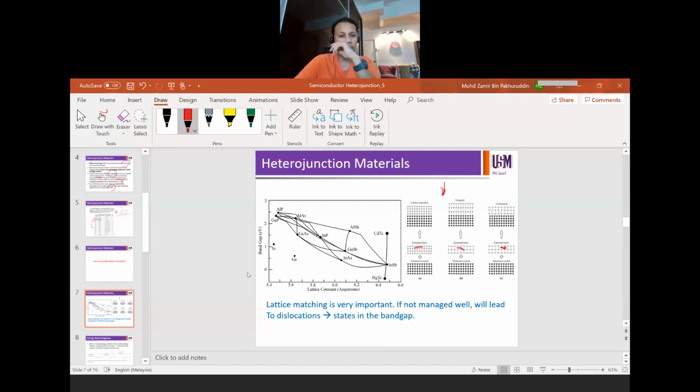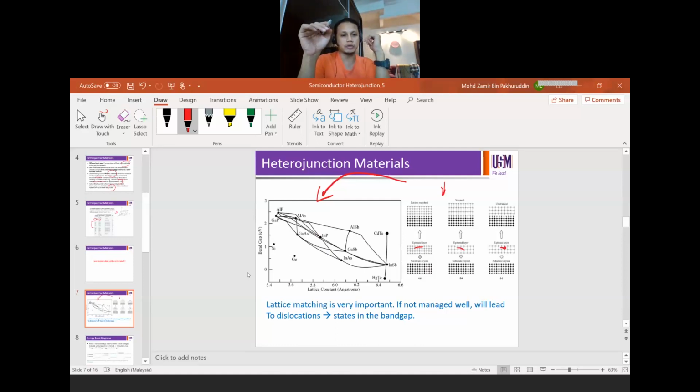If you're talking about a semiconductor material as your underlying substrate, for example gallium arsenide, to be able to know whether they are matched or not, you need to come to this graph, right? And you need to see the lattice constants of both materials.